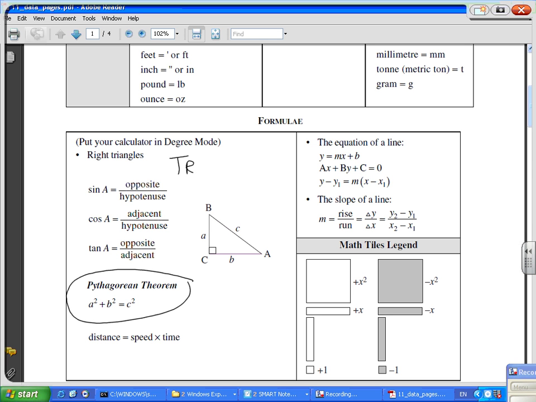Sine is equal to the opposite side over the hypotenuse. The cosine of an angle is equal to the adjacent side over the hypotenuse, and the tangent of an angle is equal to the opposite side over the adjacent side.